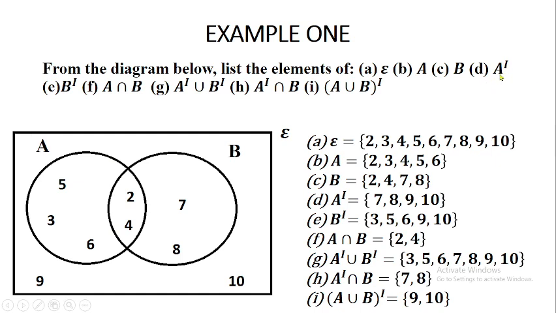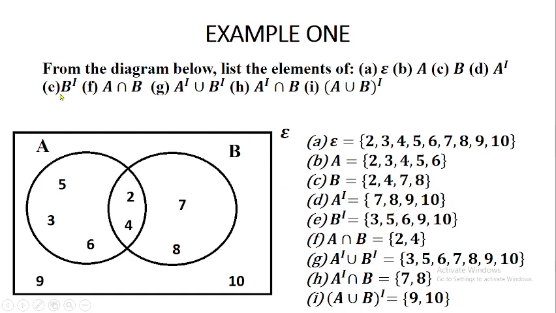When you remove it, what do you have left? We have 7, 8, 9, 10. That is what you have left. So that means that is the elements in A complement, the elements in the universal set that are not in set A. I hope you understand that now. So we have 7, 8, 9, 10.